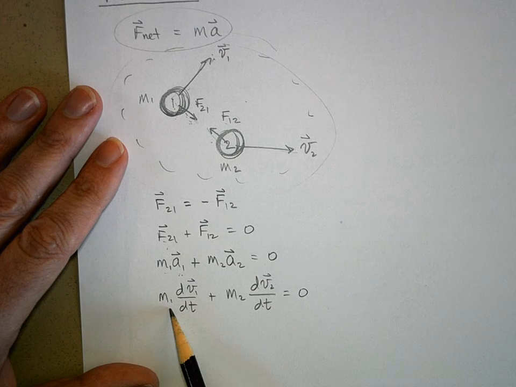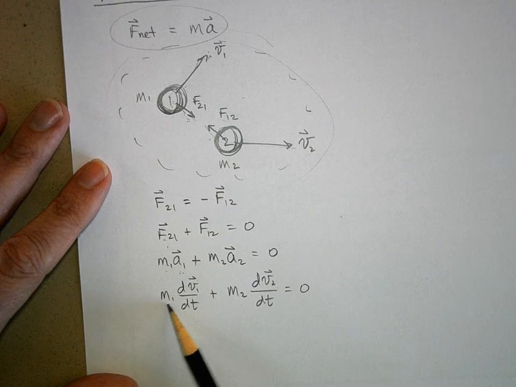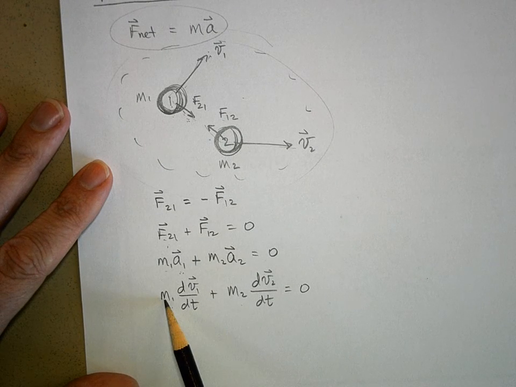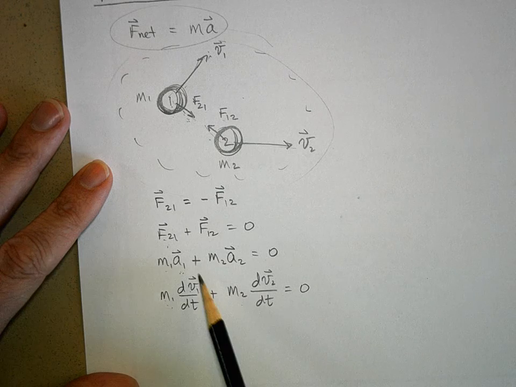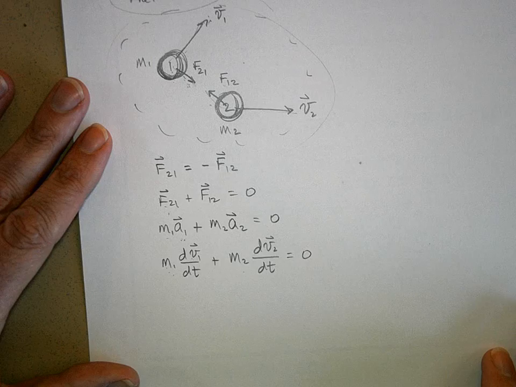Now the masses, m1 and m2, are not changing with time. So there's nothing wrong with me putting this mass in with the velocity. Nothing says I can't do that.